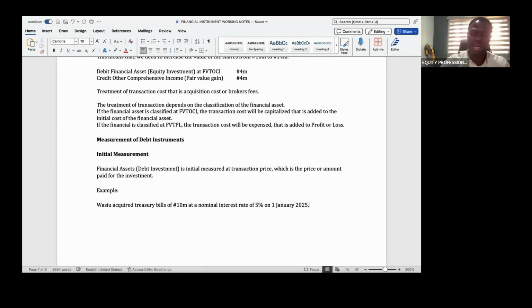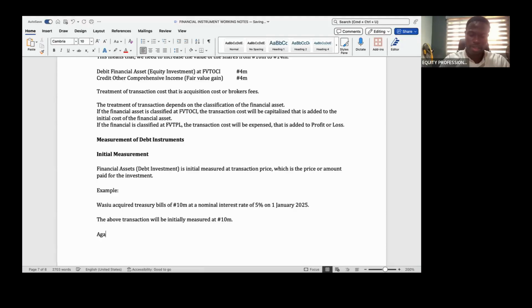So when I say that it will initially be measured at transaction price, the above transaction will be initially measured at 10 million naira. It's very straightforward. It will be initially measured at 10 million, which is the principal value you paid or invested in this debt instrument.